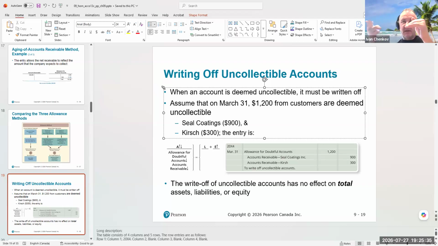We cannot go back to bad debt expense because that expense was already calculated and accumulated in the allowance for doubtful accounts. So when we're writing off, we're not adding a new bad debt expense, rather we reduce the allowance for doubtful accounts, because we already anticipated that those two clients are not going to pay.